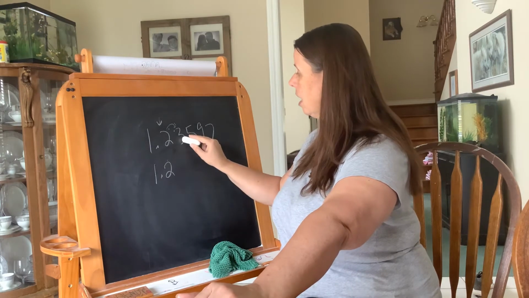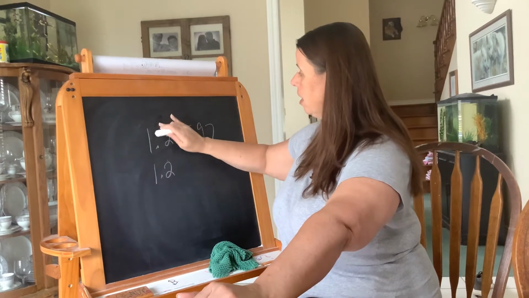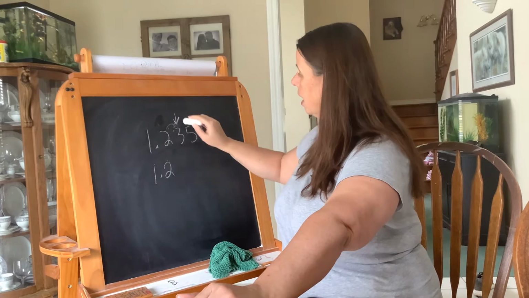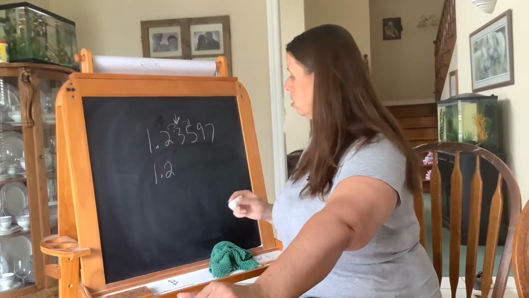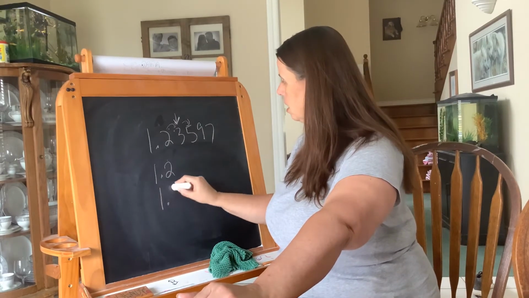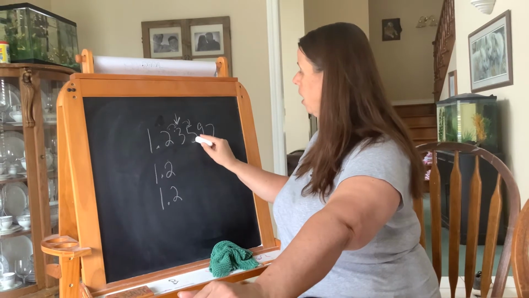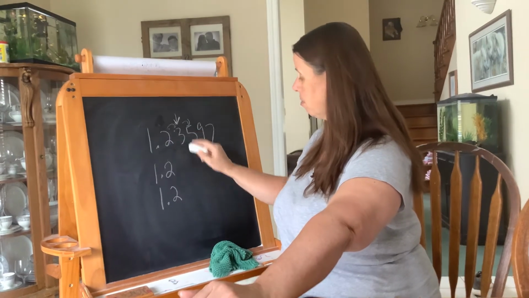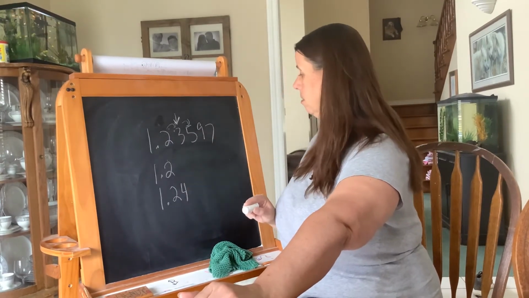To round to the hundredth, I have to find the hundredths column, and I look next door to see what to do. So I've got 1 decimal 2, and the 5 says round up, so that 3 is going to change to a 4.